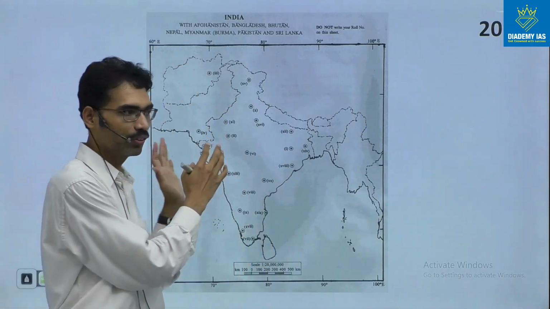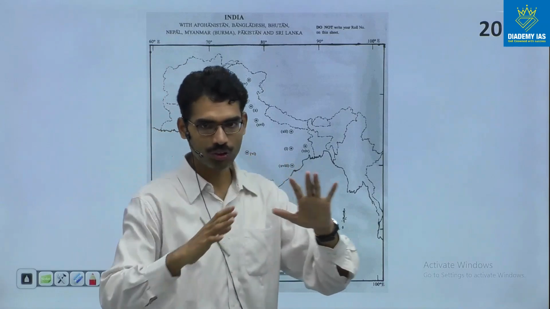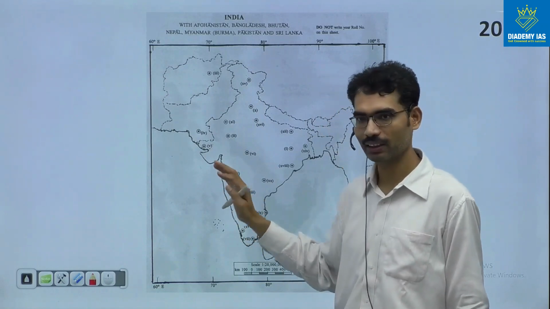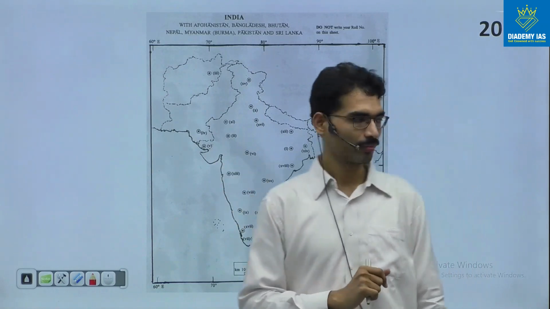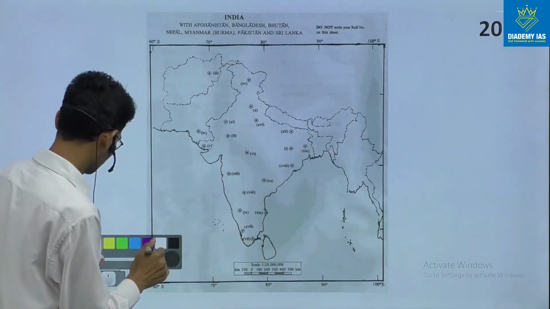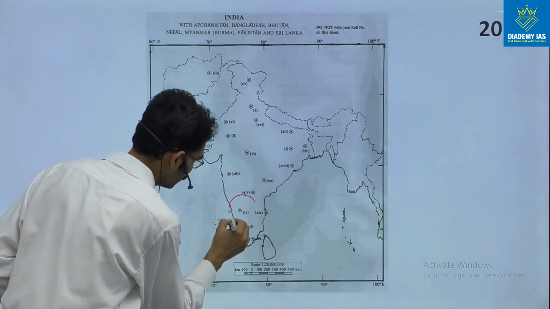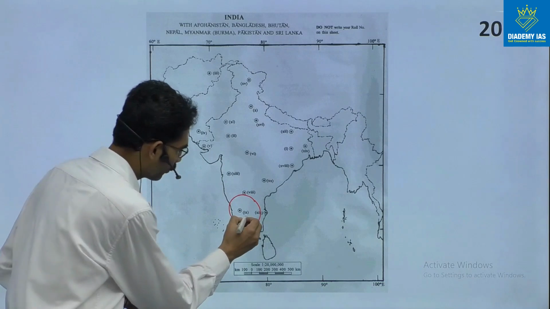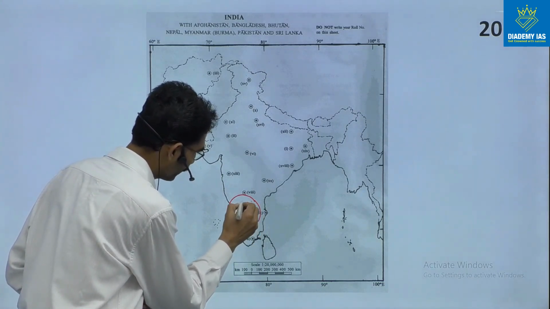But first we are going to know the overall description. Once you know the connections, you will have a better idea while dealing with the map. Just in this location, we have so many places.